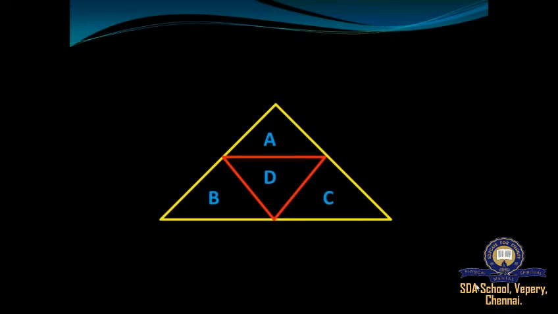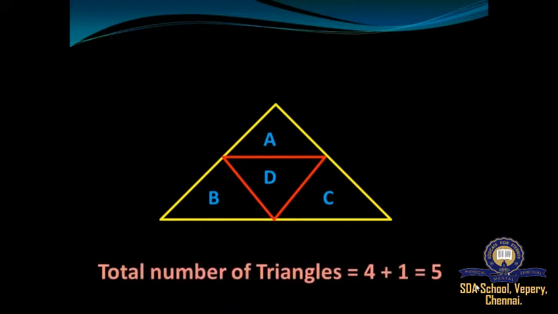When I combine A, B, C and D, everything together, it forms one big triangle, right? So the total number of triangles in this figure is equal to 4 plus 1, that is 5. Understood, students?